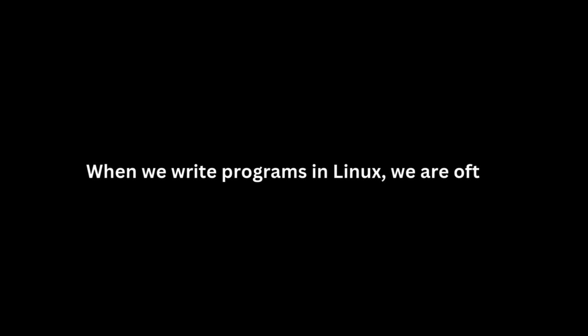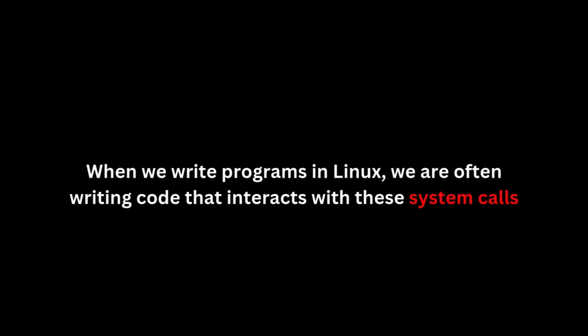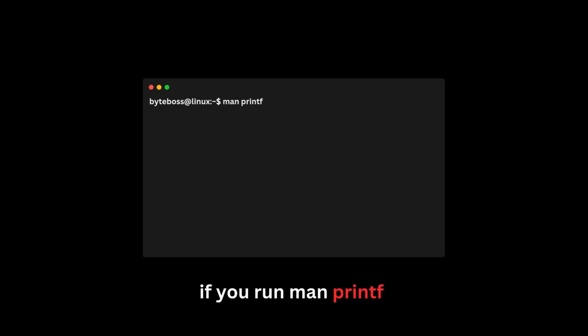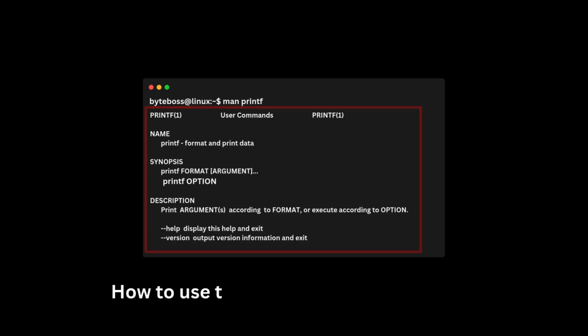When we write programs in Linux, we're often writing code that interacts with these system calls, or the Linux API, Application Programming Interface. To learn more about any system call, you can use the man command in the Linux shell environment. For instance, if you run man printf, you'll see detailed information on how to use the printf function in coding.